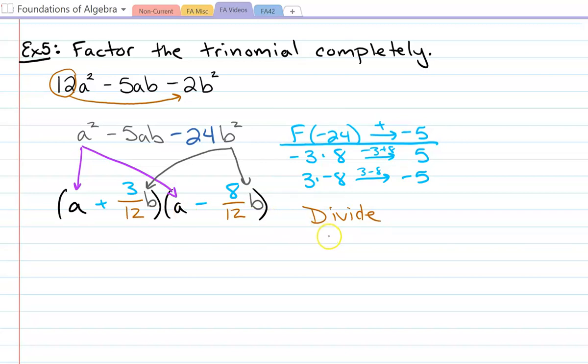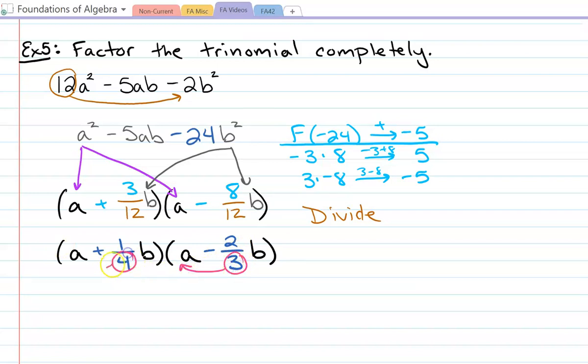So simplify the fractions. So 3/12 becomes 1/4 b, and 8/12 becomes negative 2/3 b, and rewrite without the fractions, so the denominator comes in front.